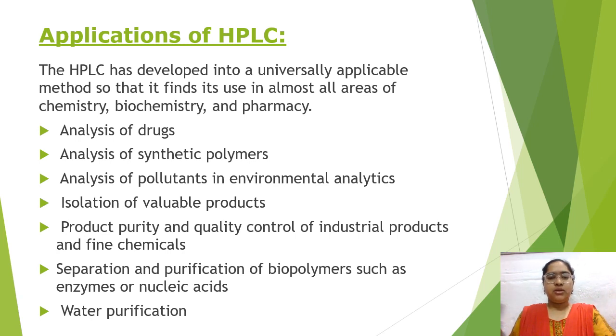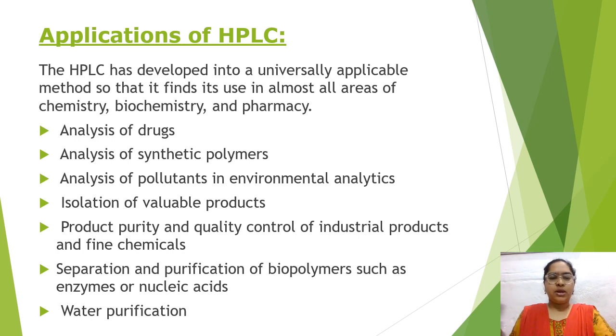valuable products. So HPLC is also used for the isolation of valuable products, product purity and quality control of industrial products and fine chemicals. So it is used to test the quality and purity of industrial products also. Separation and purification of biopolymers such as enzymes or nucleic acid.